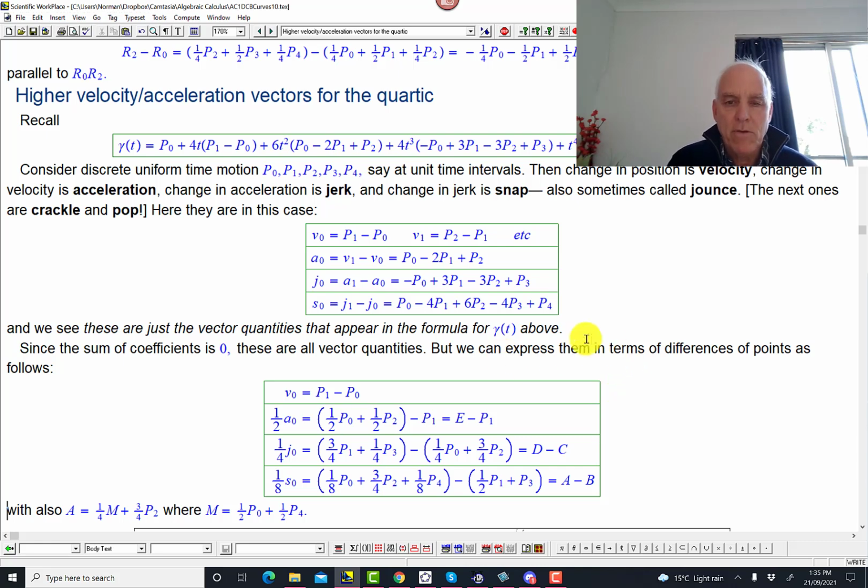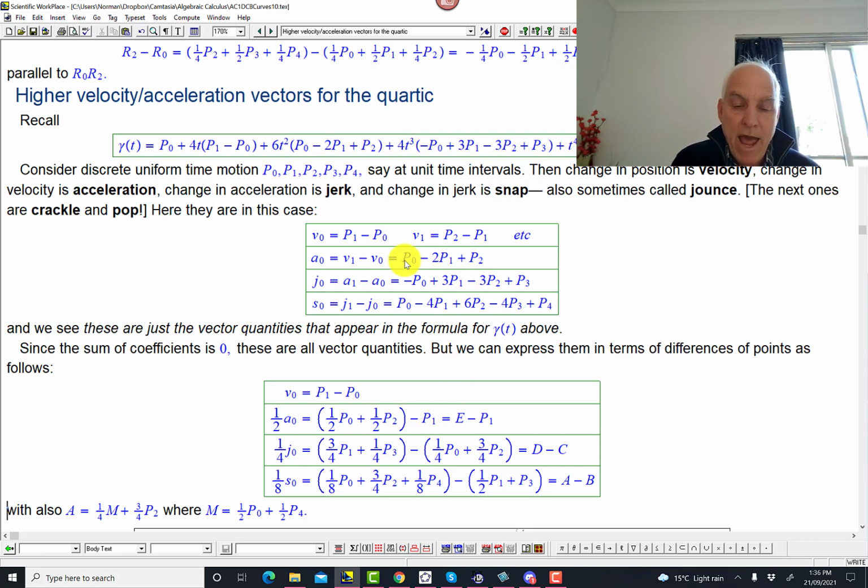So, what are we doing? V0 is already very nice the way it is. We understand its geometrical significance. What about this A0? This is a vector. It's easier if I multiply it by a half. If I multiply it by half, then I get a coefficient of a half here and a half here, and I get a minus P1. I like the minus P1 because that's then minus a point.